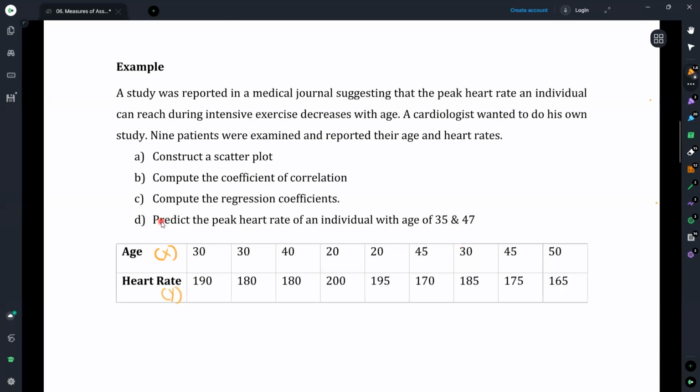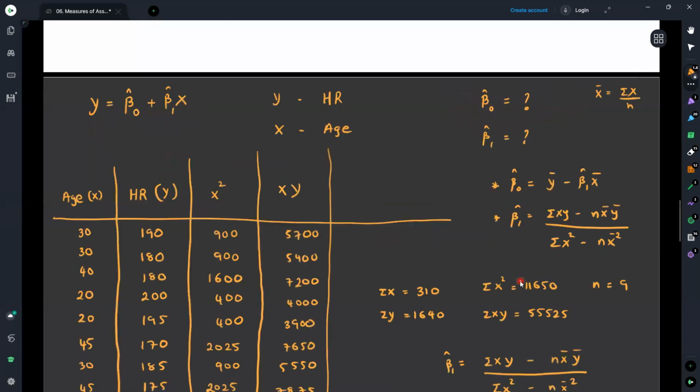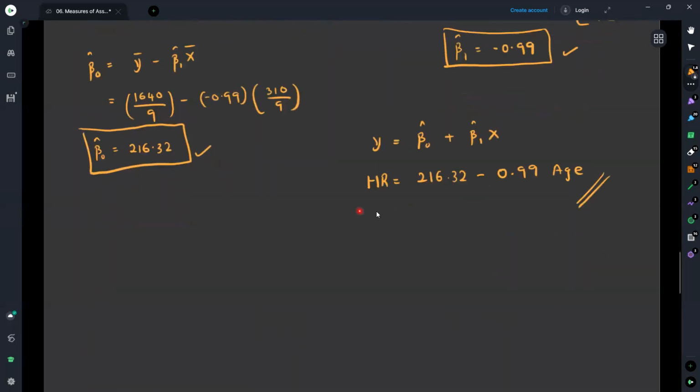In the next part, it says to predict the peak heart rate of individuals with an age of 35 and an age of 47. First we are asked to compute the heart rate of a person having the age of 35. I am denoting it this way for part D. Now we know that age is 35 and we need to compute the heart rate.